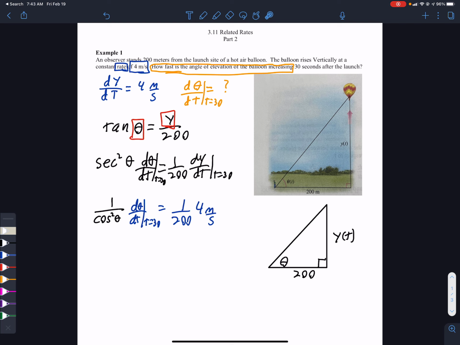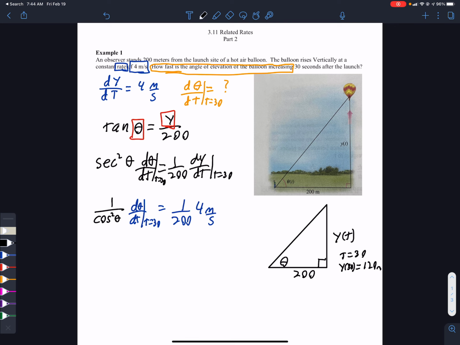But the key for this one is when t equals 30. When t equals 30, where is the balloon? The balloon moves up 4 meters per second, so after 30 seconds, y of 30 is going to be 120 meters.